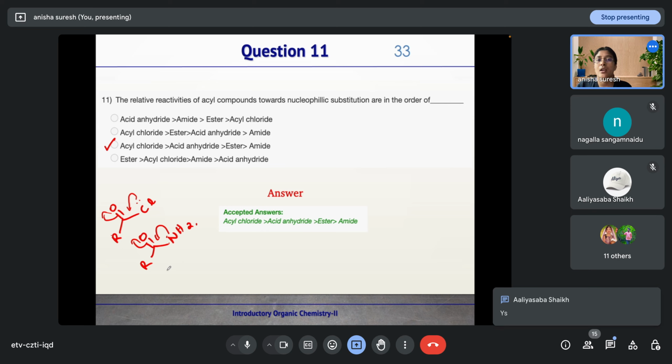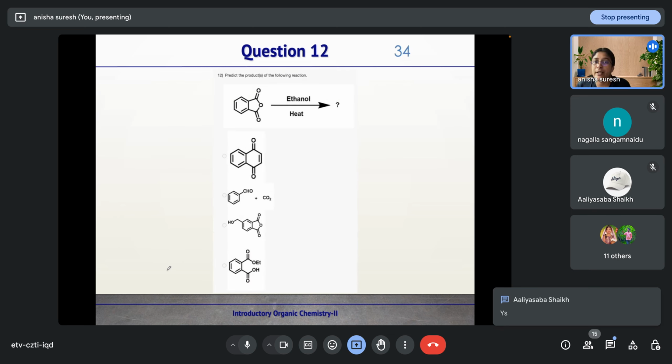Okay. Now coming to question number 12. Predict the products of the following reaction. So this anhydride compound is treated with ethanol and heated.